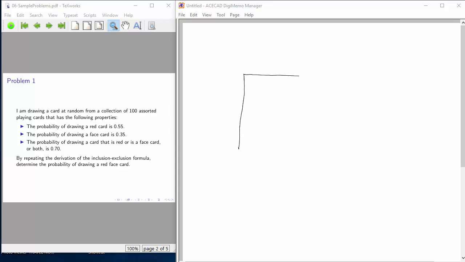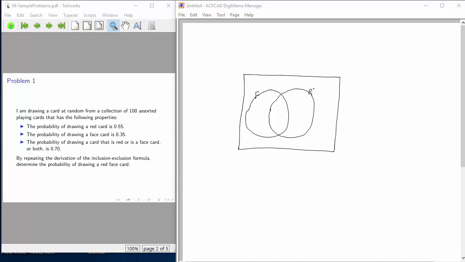Venn diagrams rarely prove anything, but they're nonetheless useful. So let's draw a Venn diagram representing 4 disjoint events that can happen. So that's face card. That's red card.